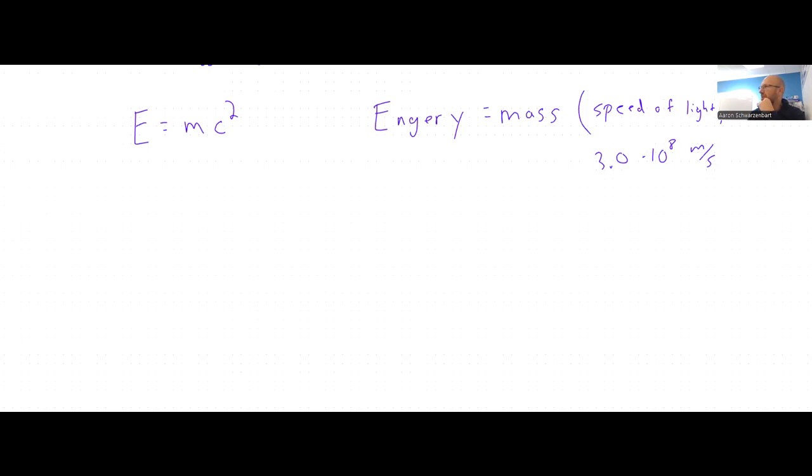So, we teach you that energy can't be created or destroyed, and mass can't be created or destroyed. Matter is mass. Mass is a measure of how much matter there is. This is Einstein's famous equation.